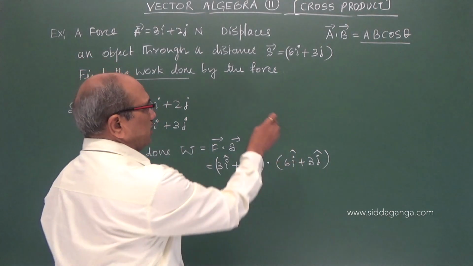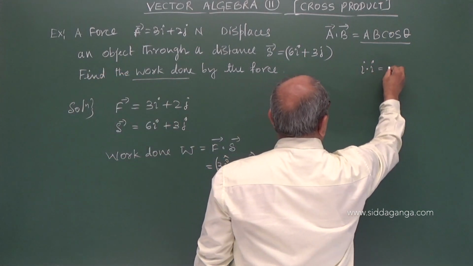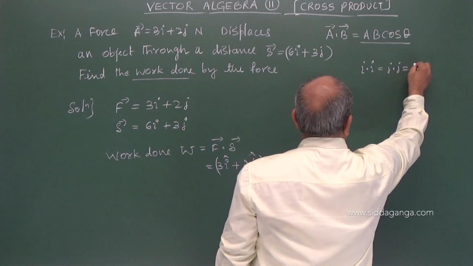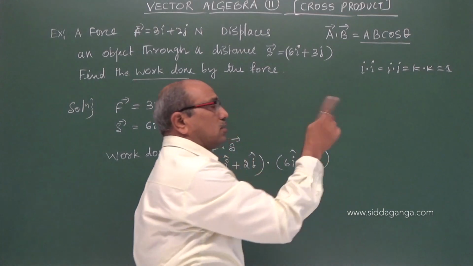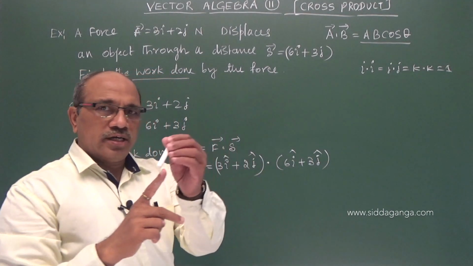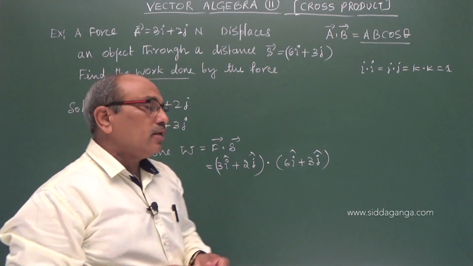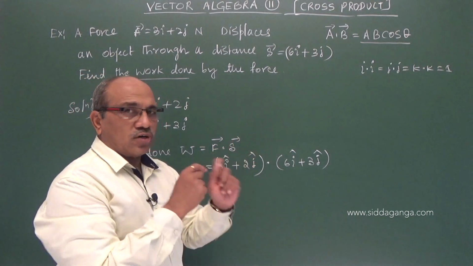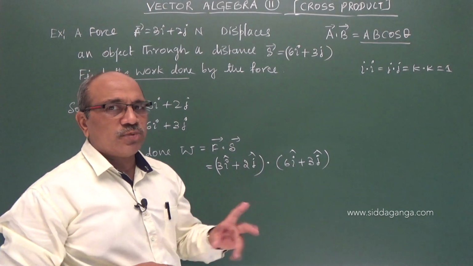Already you know, in case of the dot product, only i dot i, j dot j, k dot k become 1. All other dot products vanish because they are mutually perpendicular: i dot j, j dot k, i dot k, or j dot i. When you go for such a product, the angle between them is 90 degrees, hence they vanish because cos 90 is 0.